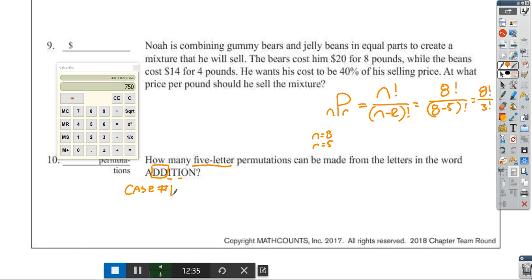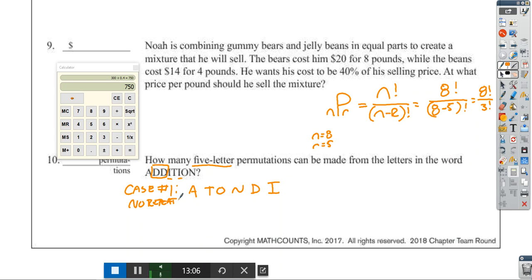So let's say for case number 1, we have exactly the A, a T, an O, an N, and exactly 1 D and 1 I. So in this case, we have no repeats. In other words, we don't have 2 D's, we don't have 2 I's.